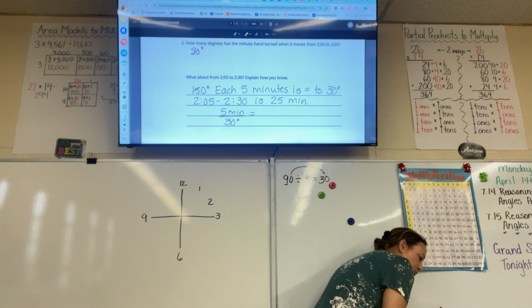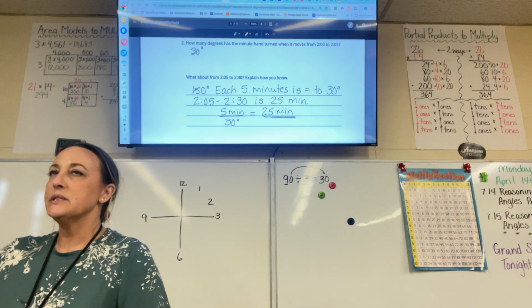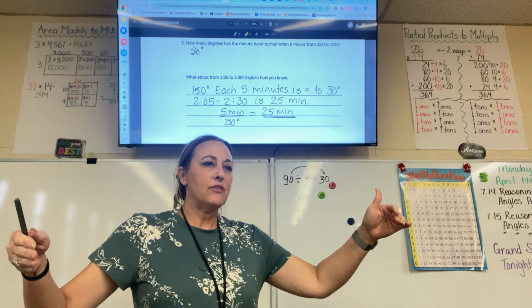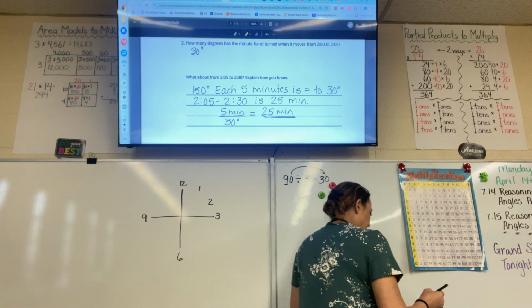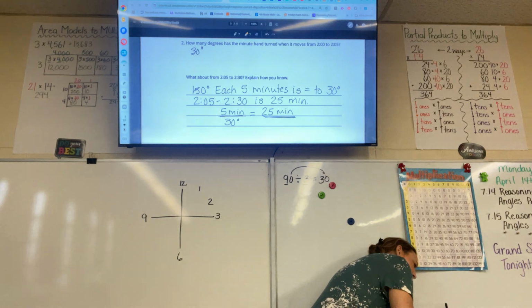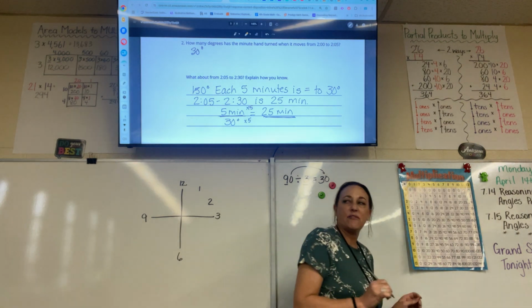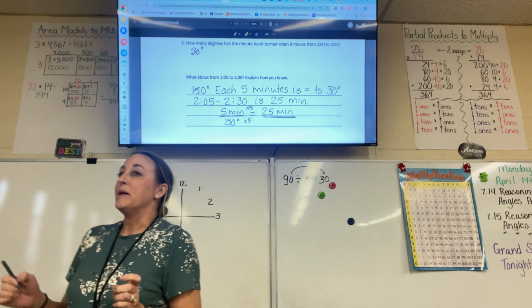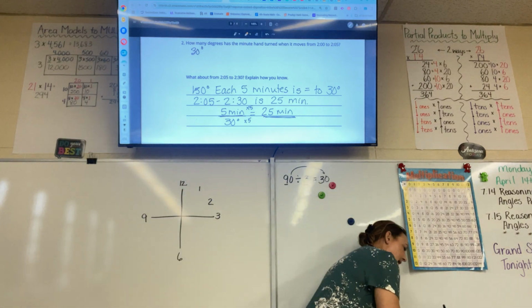So if we have 25 minutes, what do you multiply 5 times to get 25? Jackson? And if you do it to the top, you do it to the bottom. So what we're multiplying by is 5. So if we're multiplying 30 by 5, it's the basic fact, 3 times 5, which is 15, and then we add on a 0.